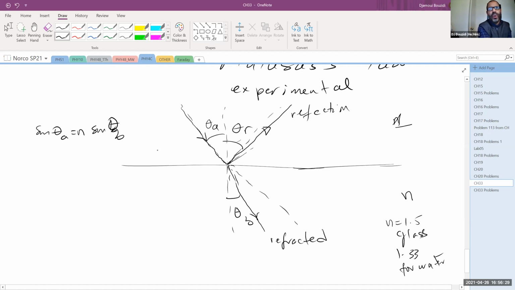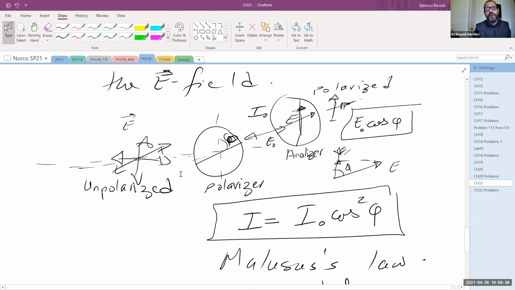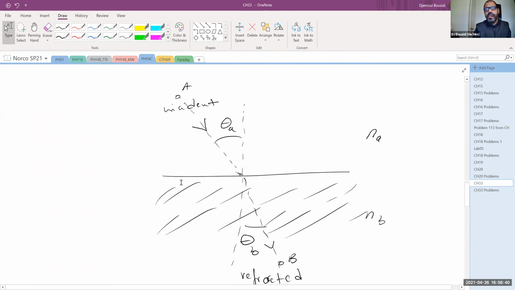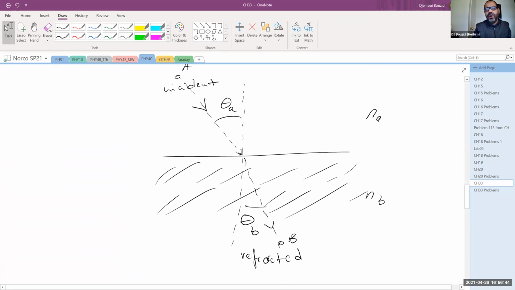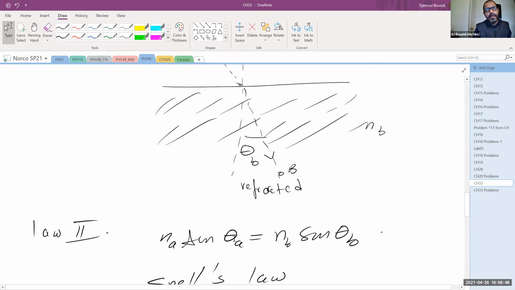One condition for the refraction is total reflection. If I go back to this expression, assume for a moment that NB is more than NA, and look at this expression.